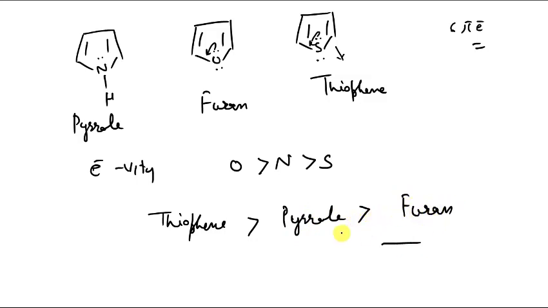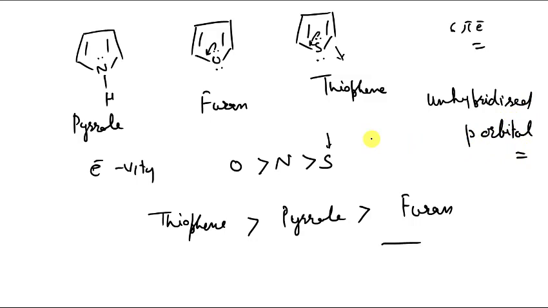So this is the relative aromatic character of these compounds, and it is explained on the basis of electronegativity of the heteroatom. Oxygen has the highest electronegativity, so its tendency to donate its electron pair towards resonance is quite less. Sulfur has the least electronegativity, so it can easily donate its electron pair, which is present in an unhybridized p orbital, as we have discussed in their structure.